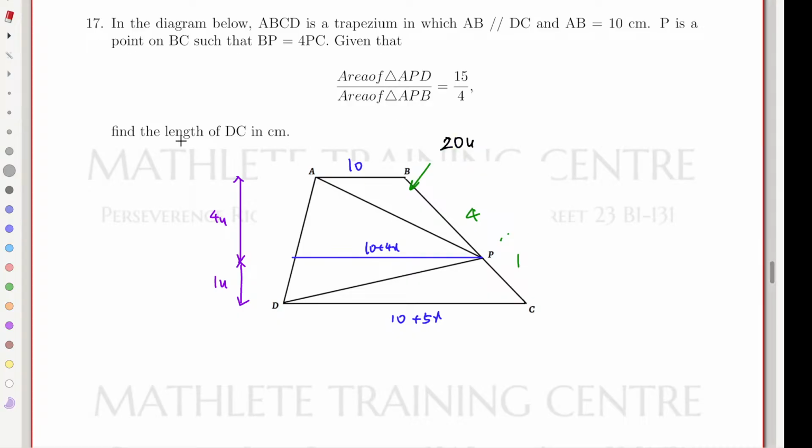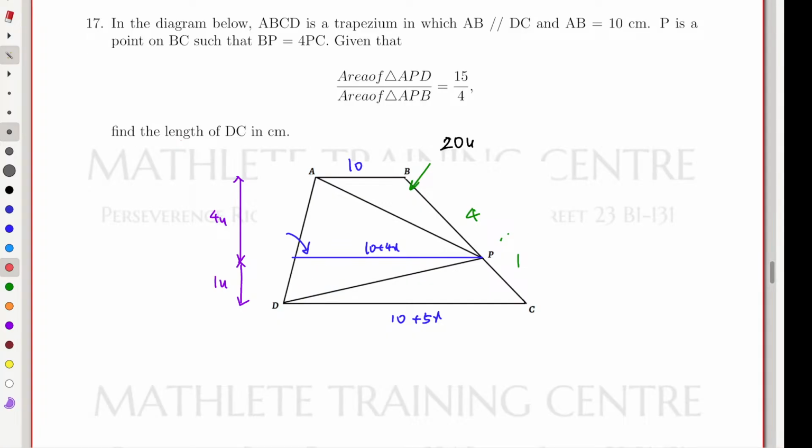Okay, let me use black color. Then we can also calculate the area of this part over here. Now notice that this part is split into two triangles basically. One of them is the top triangle with the height being 4 units, the base being 10 plus 4x. The bottom triangle, same thing: the height is 1 unit, the base is 10 plus 4x.